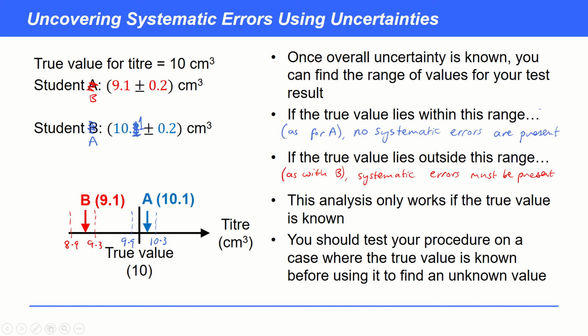And if your method gives you that answer to within the uncertainty bound, then you can be sure that you don't have any systematic errors. If your method cannot even reproduce a known value, then you've got a problem with systematic errors. You need to redesign, you need to recalibrate before you think about using it to find an unknown value.